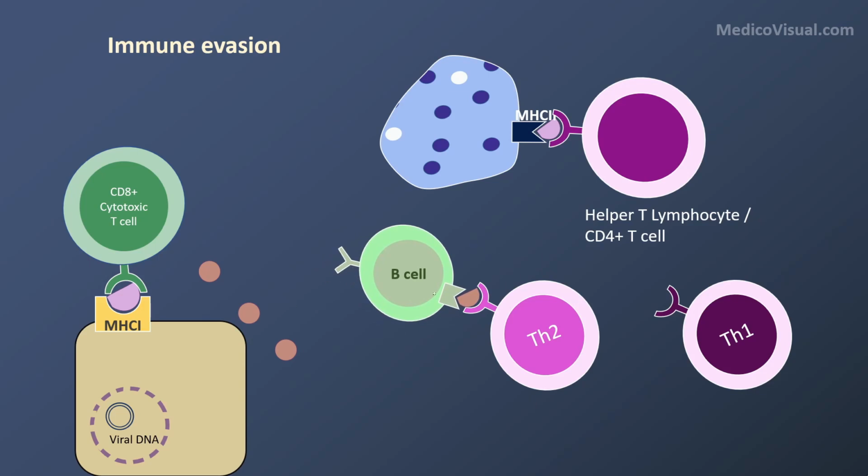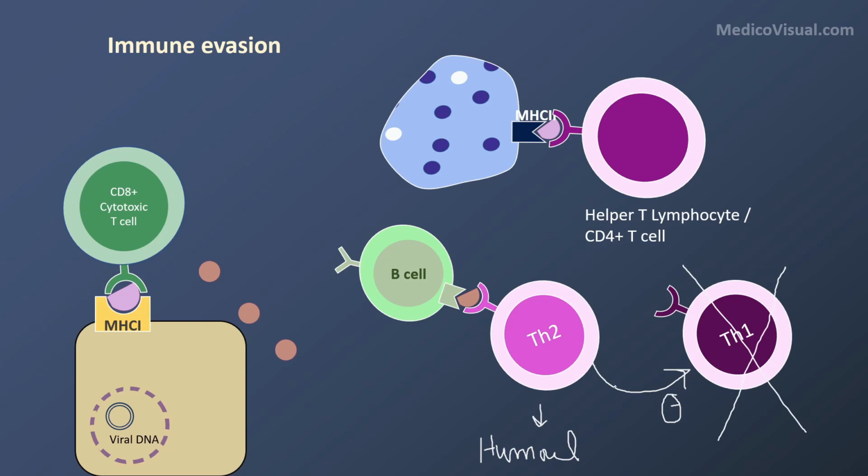Now, because it has bound with this, it will generate more and more Th2 cells, which will lead to more and more humoral immune response, and through inhibitory chemical messengers, or interleukin, it will inhibit Th1, right?